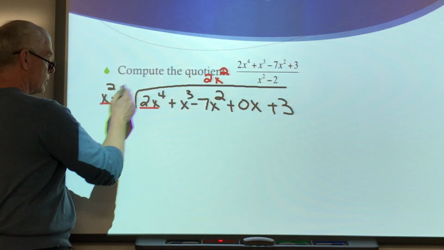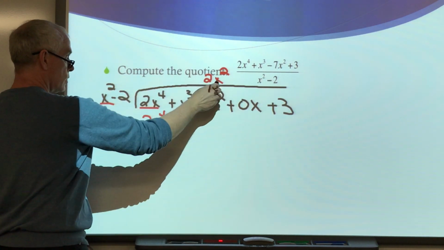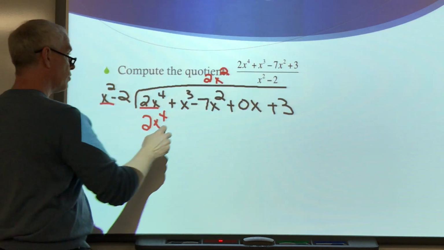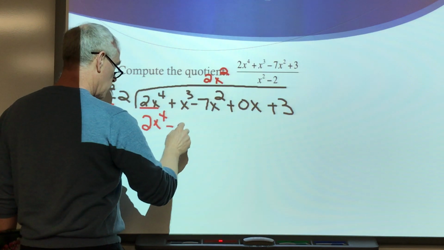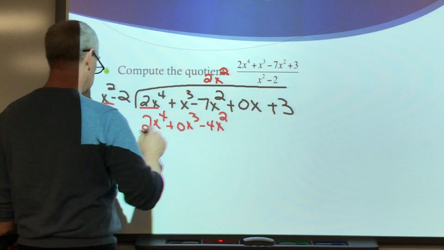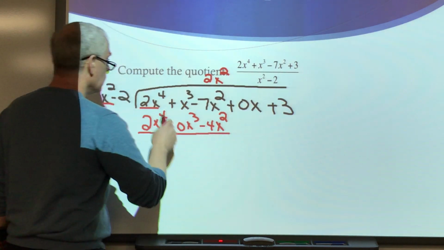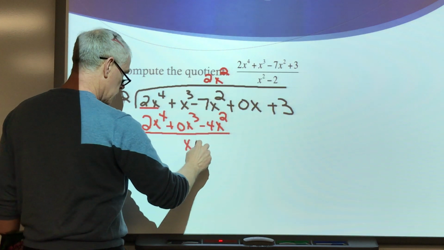Okay, multiply back down. 2x squared times x squared is 2x to the fourth. 2x squared times negative 2 is minus 4x squared. Okay, plus 0x cubed minus 4x squared. Okay, subtract down, that's 0. X cubed minus 0x cubed is x cubed.